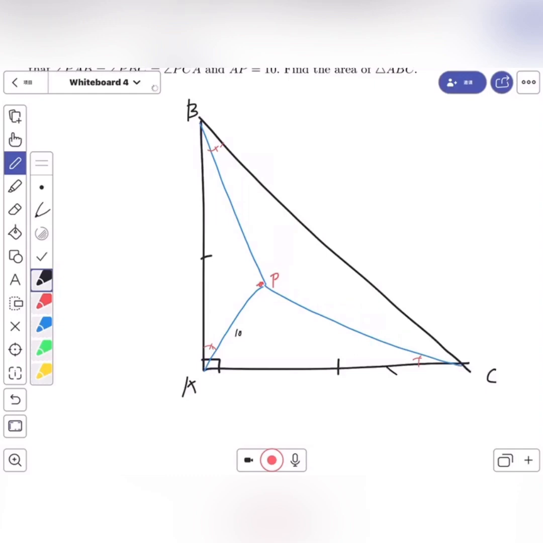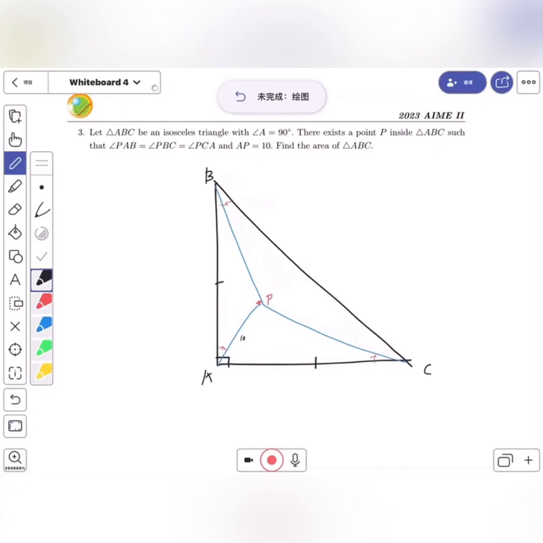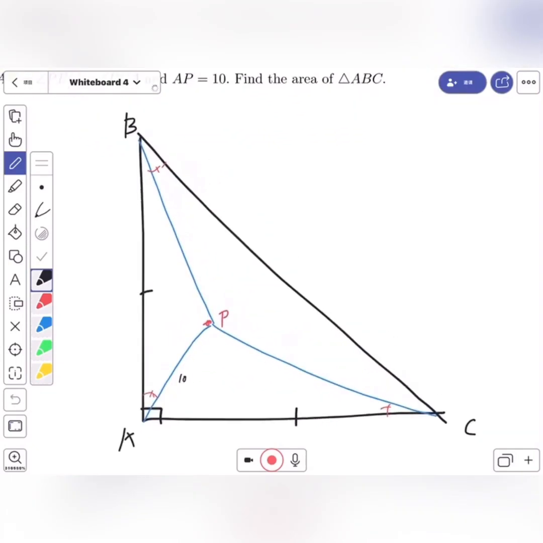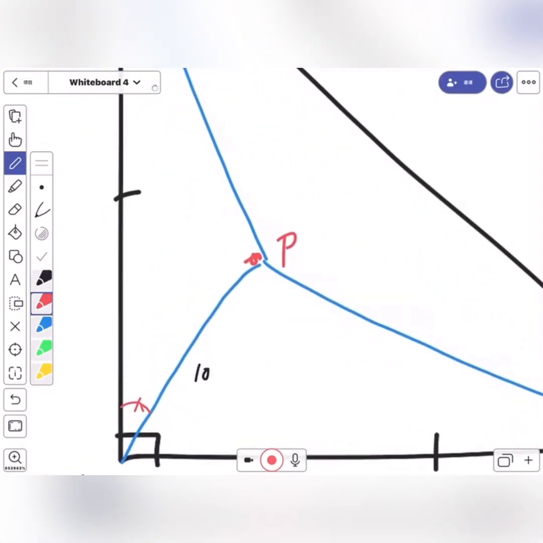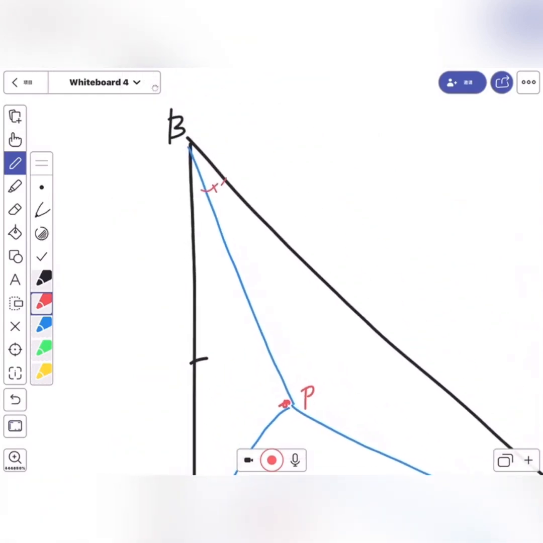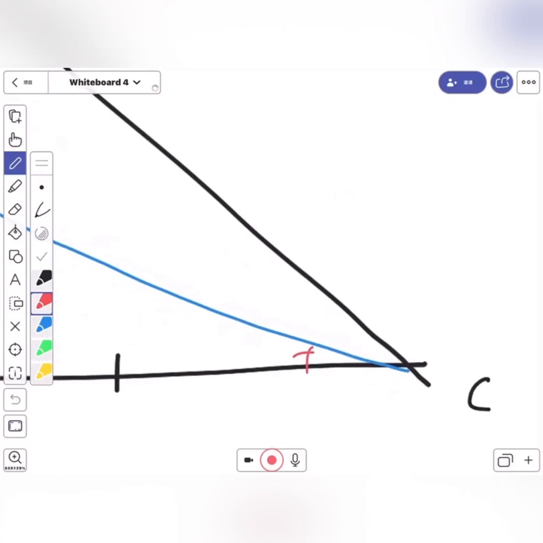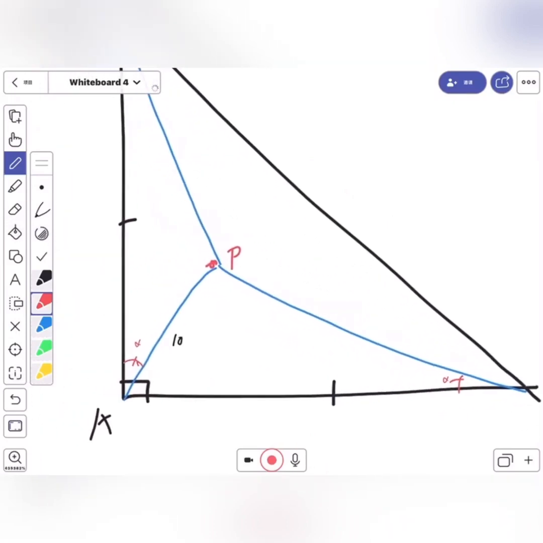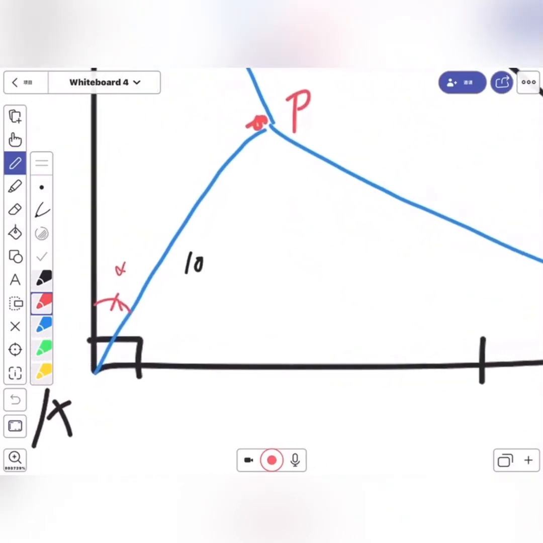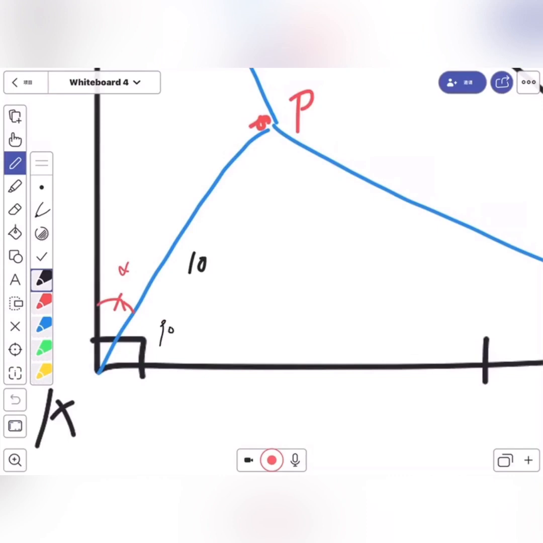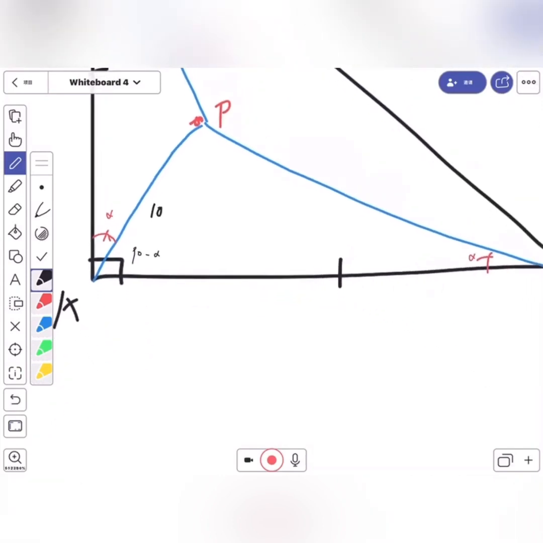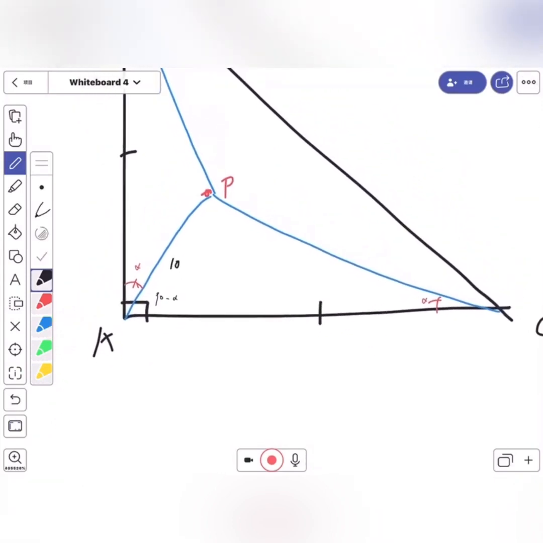Now, okay, so let's just, without loss of generality, call this one alpha. We just chose a random character to represent it. Now this angle, which is angle PAB, is 90 minus alpha.